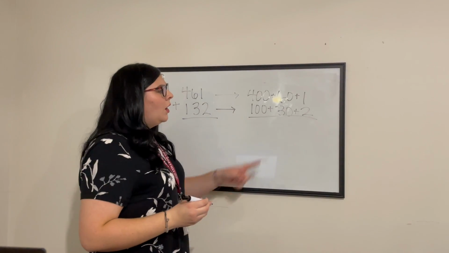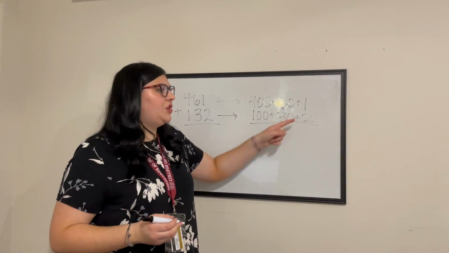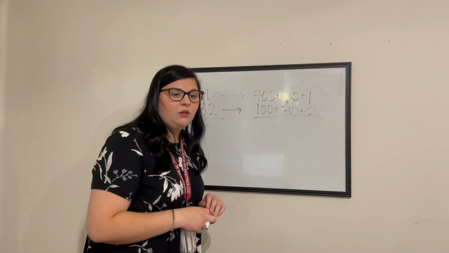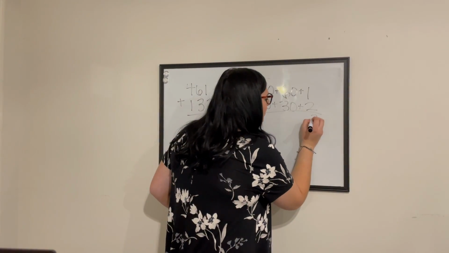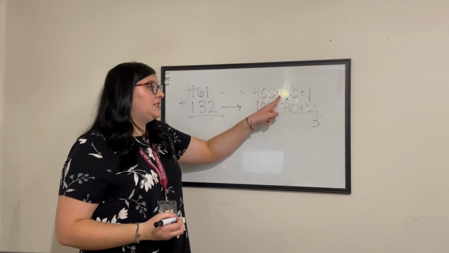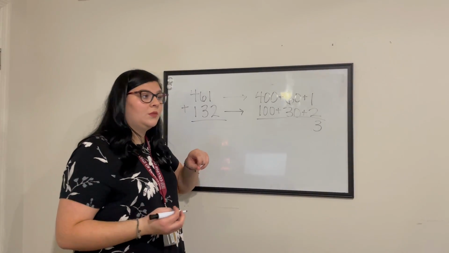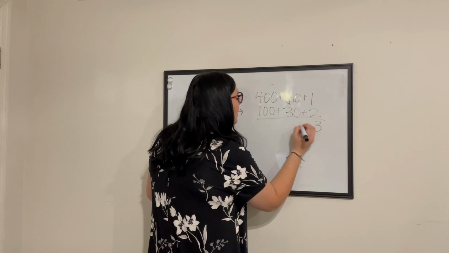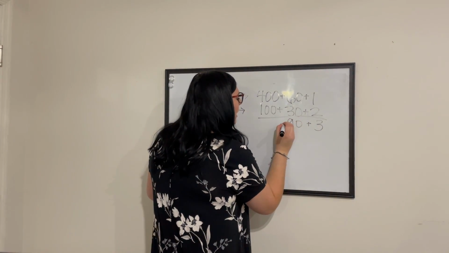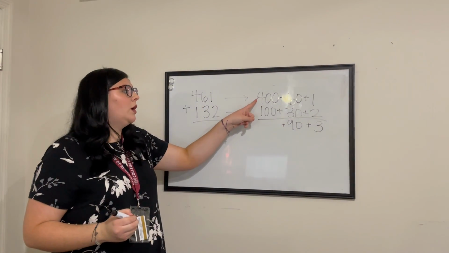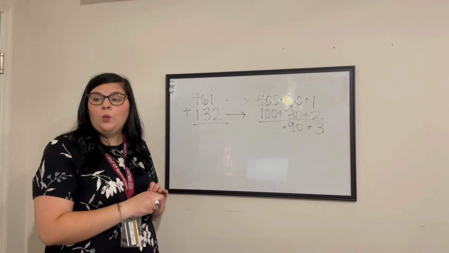So, what does our 1 plus 2 equal? Very good, it equals 3. Now what does 60 plus 30 equal? Good, it equals 90. And lastly, our 400 plus 100. What does that equal?